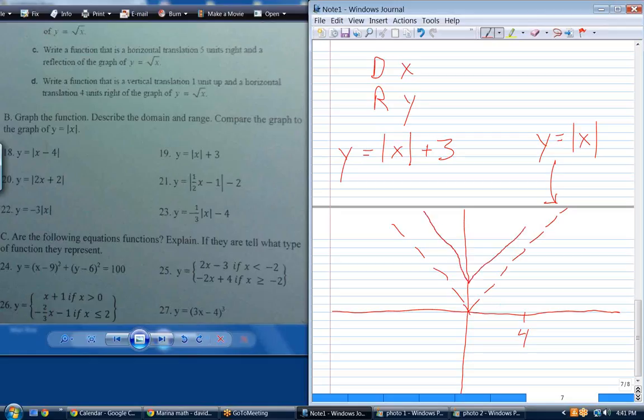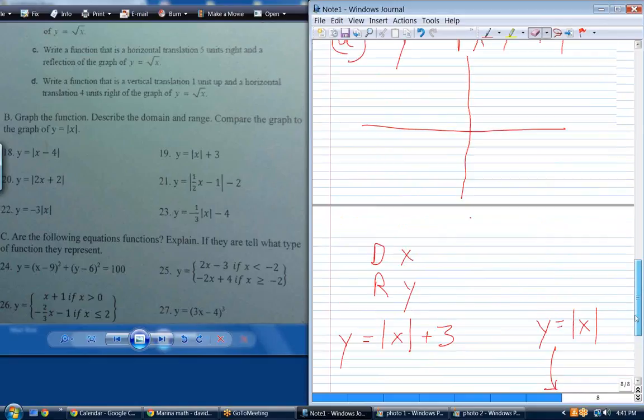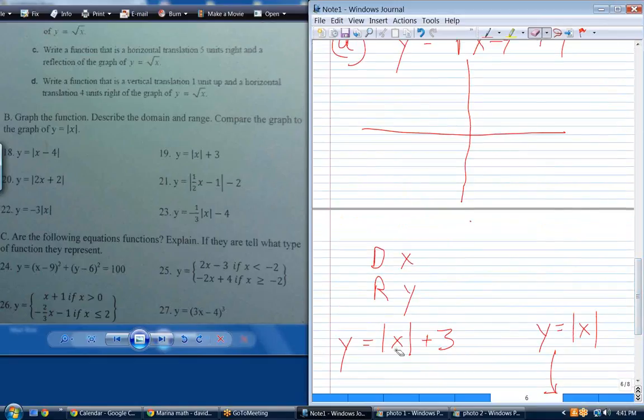Okay, domain. All real numbers. Range. Y is greater than or equal to 3. Notice if we look at this without looking at the graph, let's just look at y equal absolute value of x plus 3.